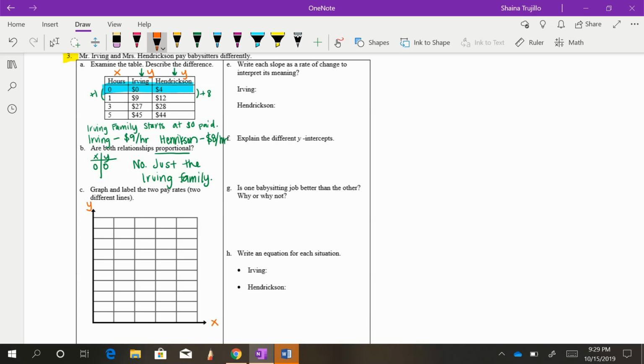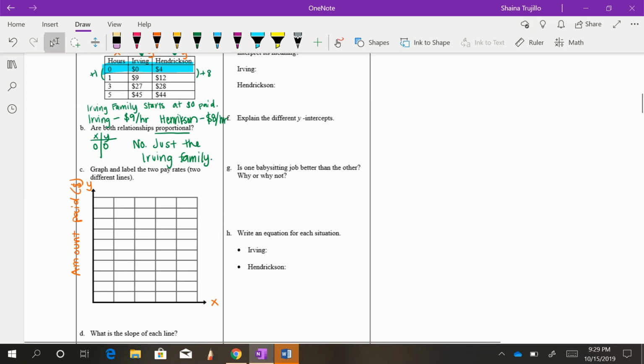So we actually have 2 Y columns here, but the Y is still the same. It's the price, or the amount paid, and it is in dollars. And X is the hours babysat. Okay, so let's just start at 1 hour, 2, 3, 4, 5 hours.